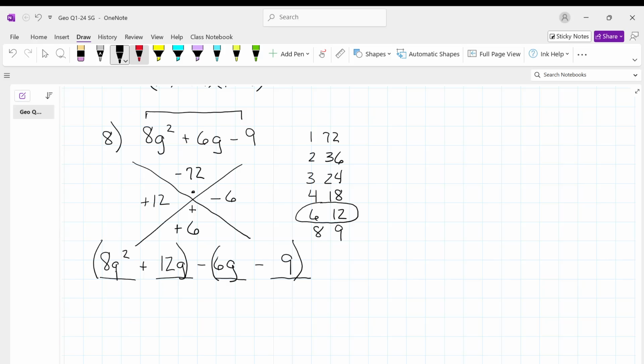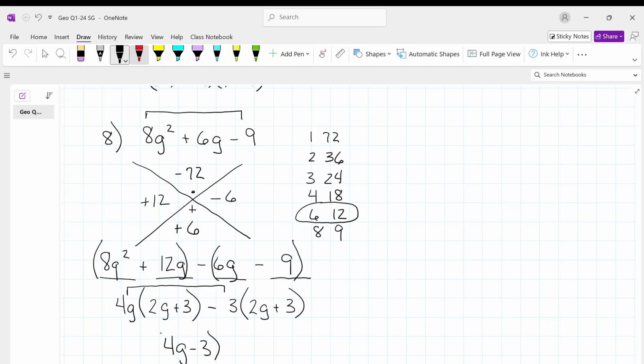The GCF of 8g squared and 12g would be 4g, and that would be times 2g plus 3. The greatest common factor of 6g and 9 is 3, and we take that times 2g plus 3. So in factored form, we have 4g minus 3 times 2g plus 3.